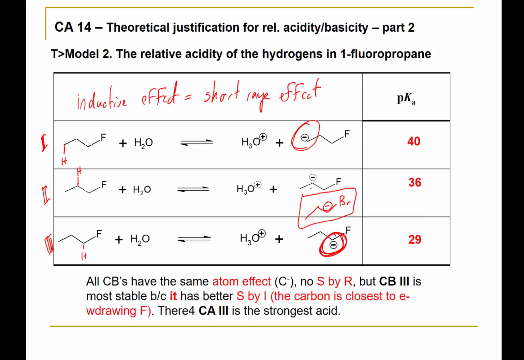Where size is important is when we're talking about the atom effect and comparing different atoms up and down the periodic table. So the structure that I just drew is not more stable than the structure that involves the negative charge next to the fluoro group. The fluoro group is, of course, more electronegative than the bromo group.